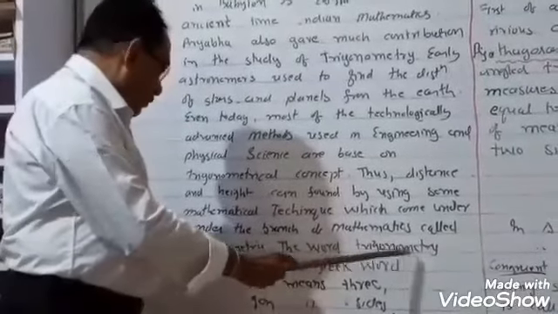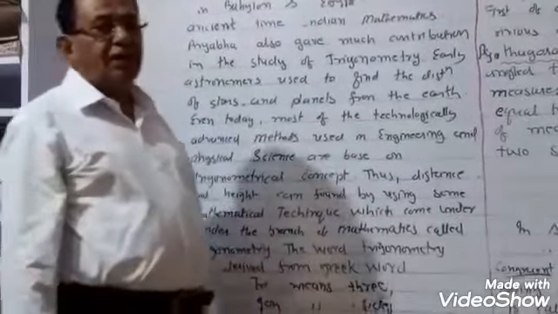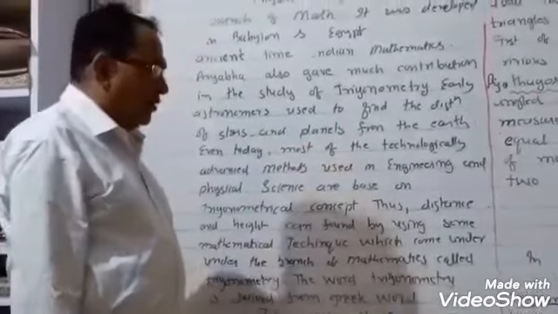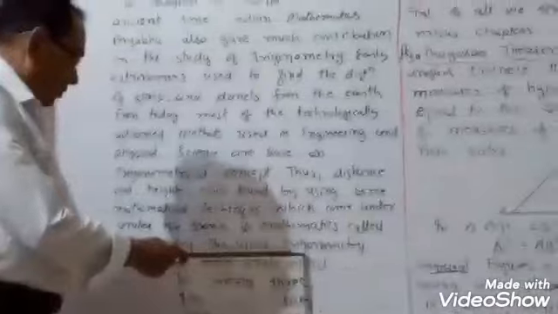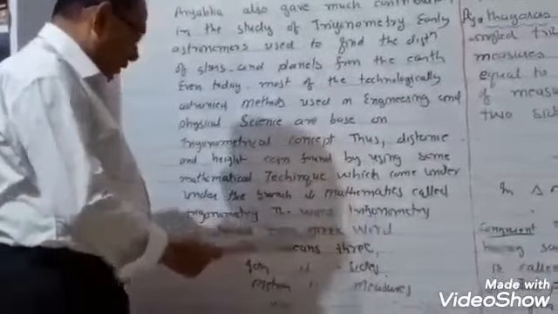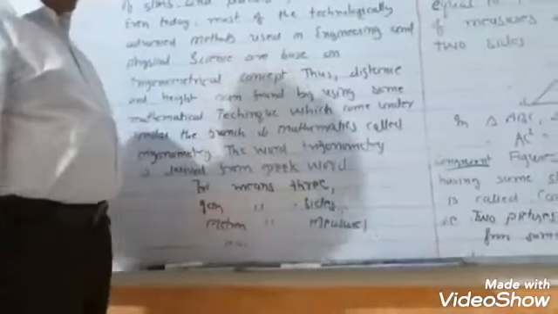The word trigonometry is derived from Greek words. Trigo means three, gon means side, metros means measures. Thus, trigonometry is related to measuring the three sides of triangles.